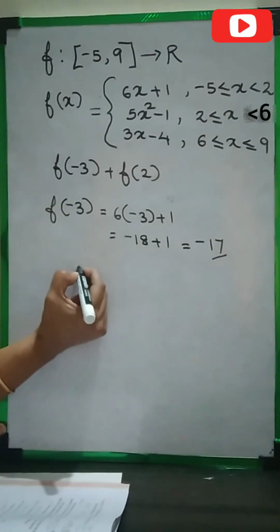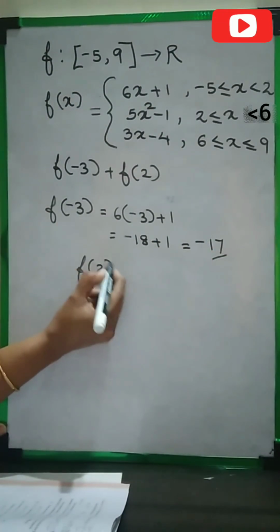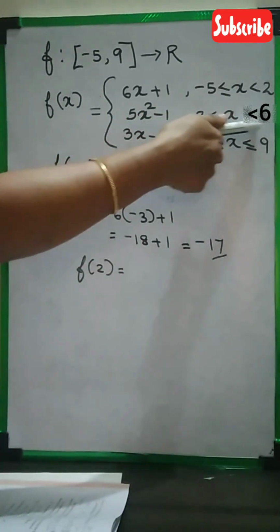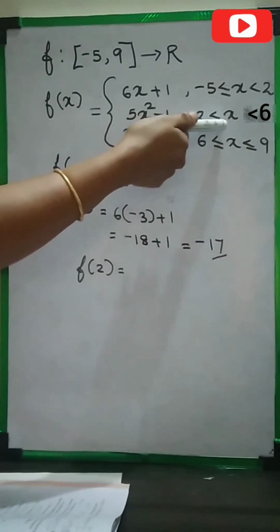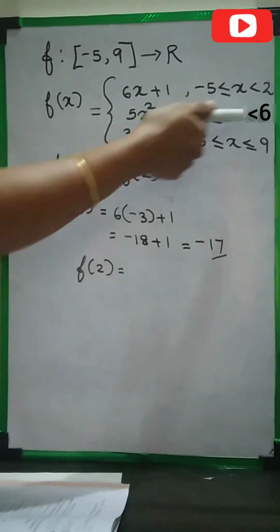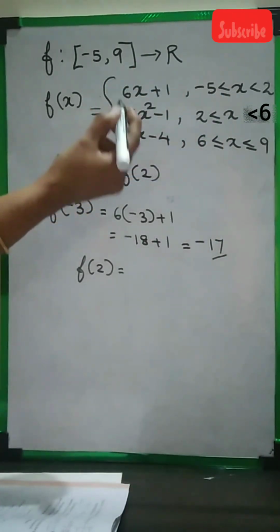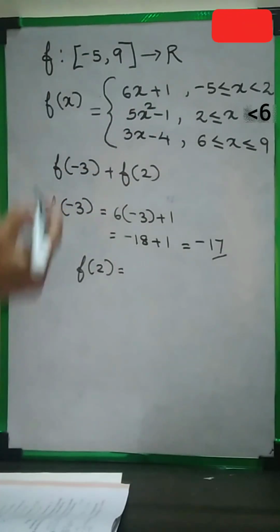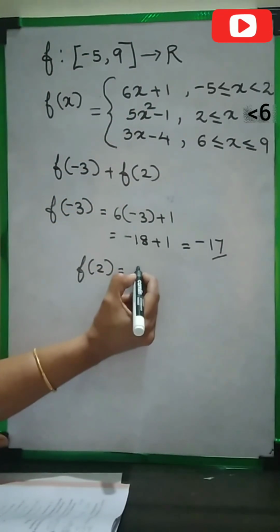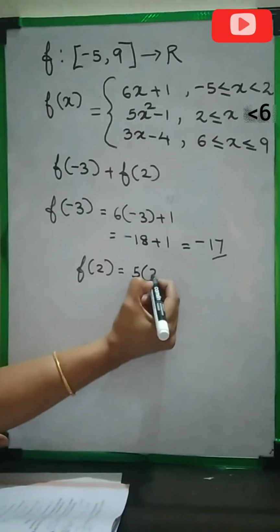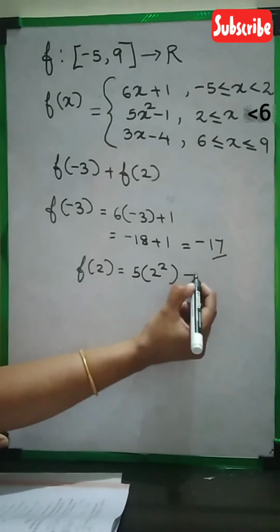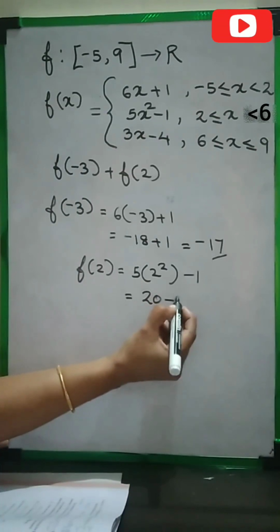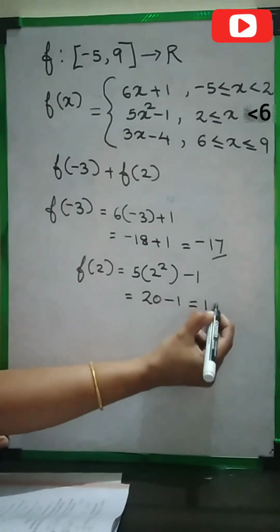Now next one f of 2. Okay. The 2 எந்த interval வரும்? இங்கே வரும். The second one. 2 less than or equal to x less than 6 என்ற அந்த interval தான் 2 வரும். இல்லையா? So அப்போ f of x உடைய value என்னது? 5x square minus 1. That is 5 into 2 square minus 1. That is equal to 20 minus 1 is equal to 19.